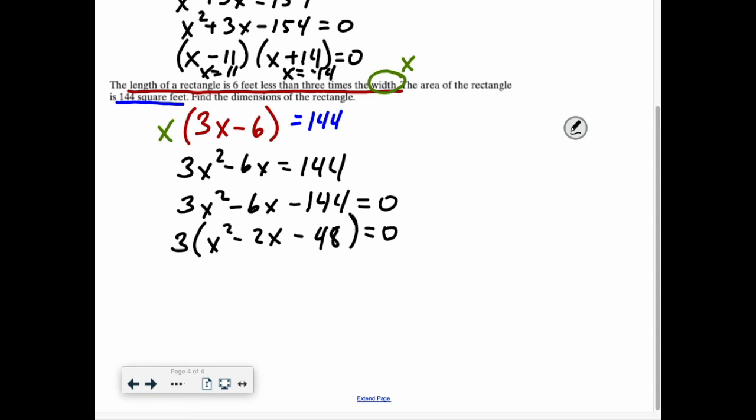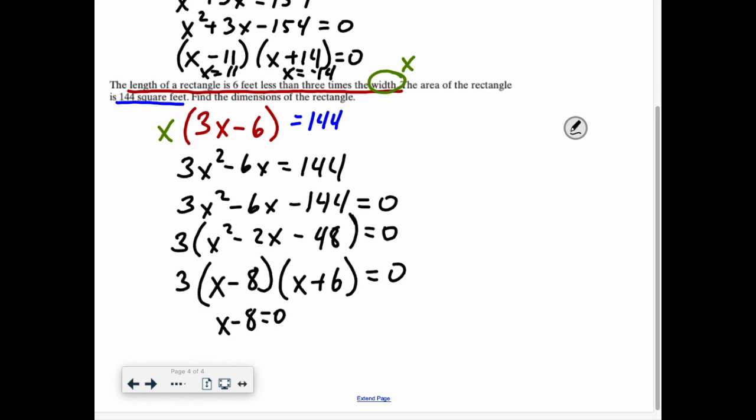Then we're going to ask ourselves what multiplies to negative 48 and adds up to negative 2, and that's going to be 6 and 8. So 8 is going to be negative, 6 is going to be positive. Now remember, we don't need to set the 3 equal to 0, because there's no way 3 could equal 0. We just need to set everything else equal to 0.